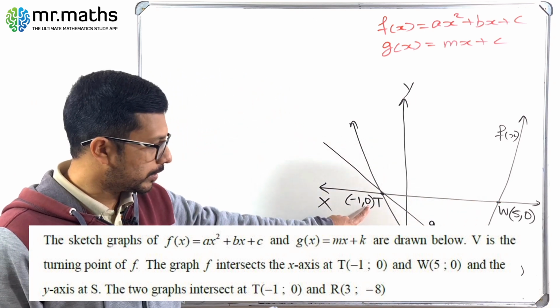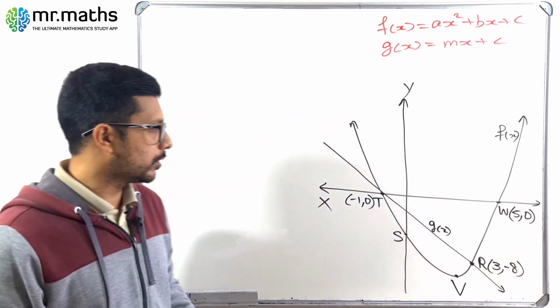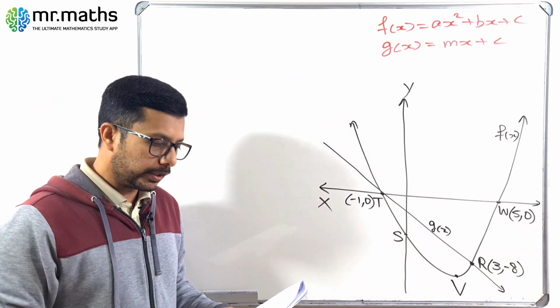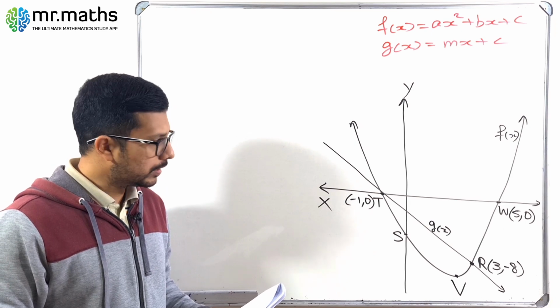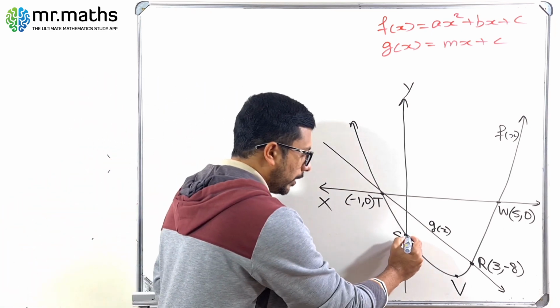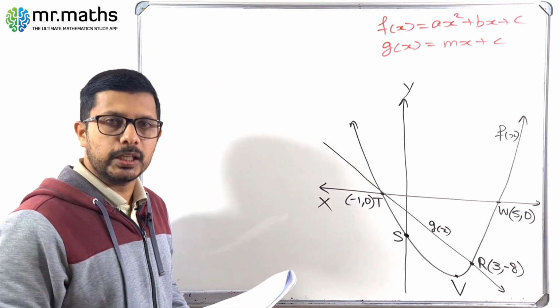So that's why here you can see that the y value is 0, and here also the y value is 0. So T and W are x intercepts, and the graph cuts the y axis at S. So here the y intercept is that point S, but that coordinate is not given.